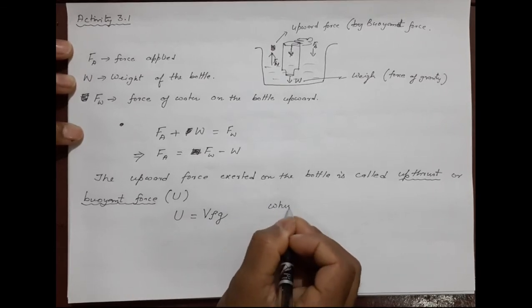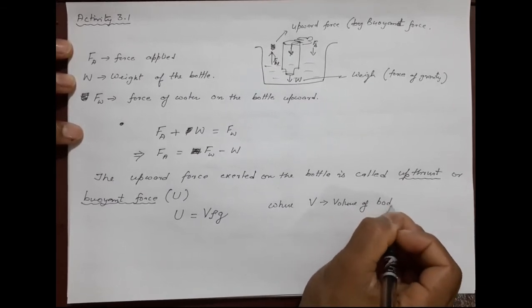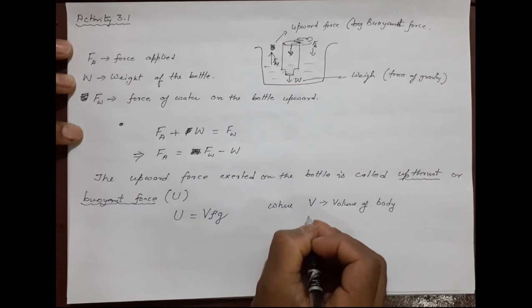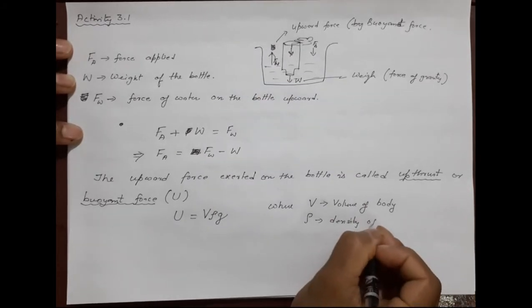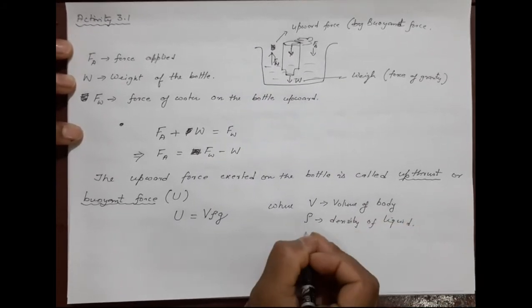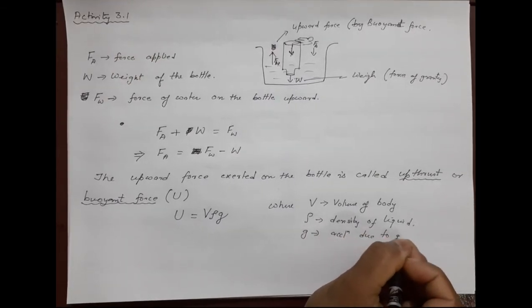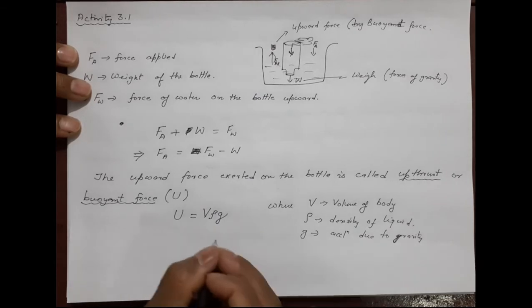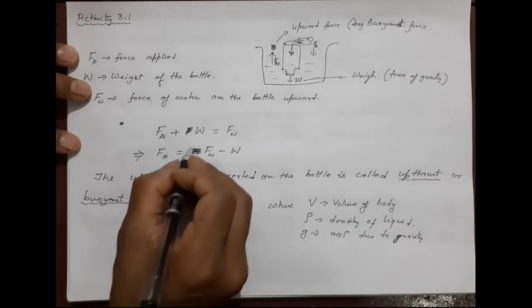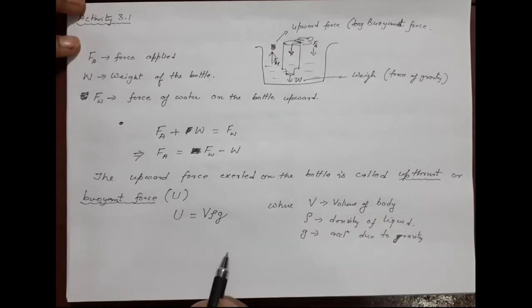V is the volume of the body, here the body is the bottle, rho is the density of the liquid, here maybe water, and g is the acceleration due to gravity. So V rho g is your upward force, the buoyant force or upthrust. Two names are there for the same thing.